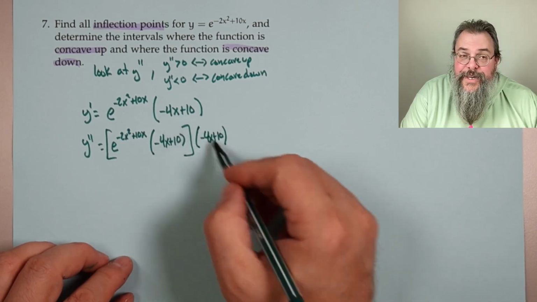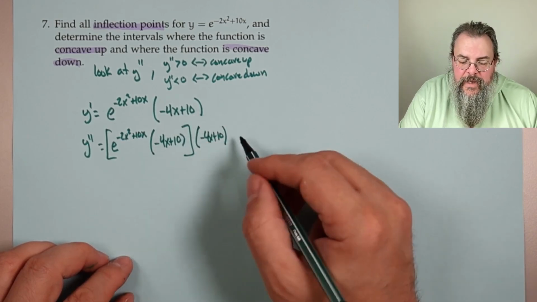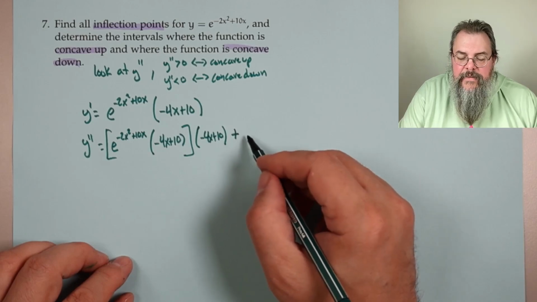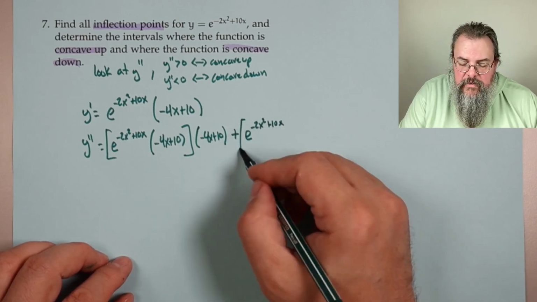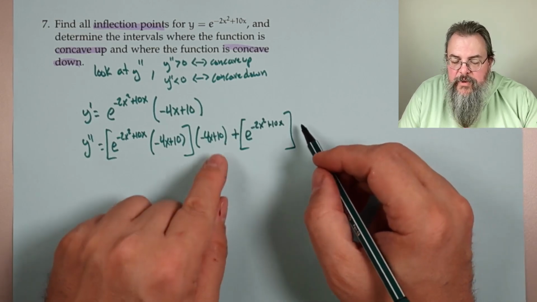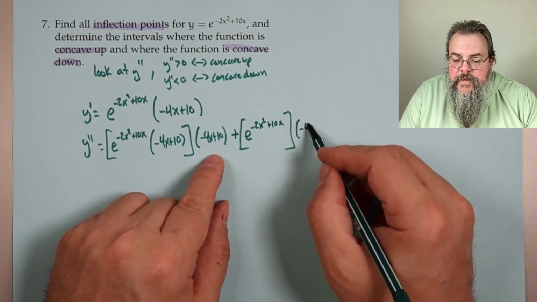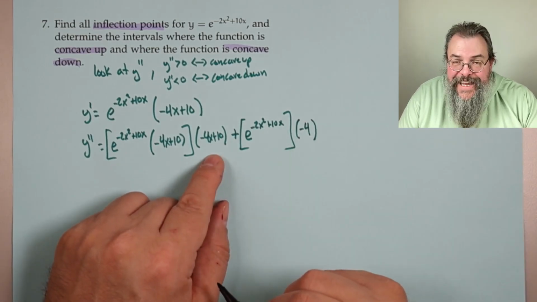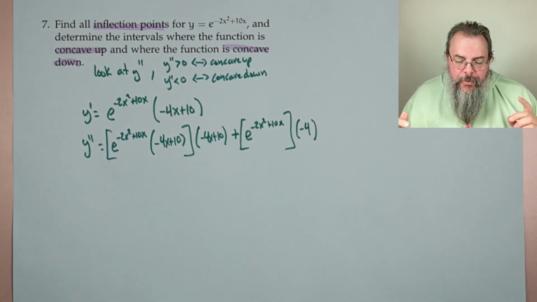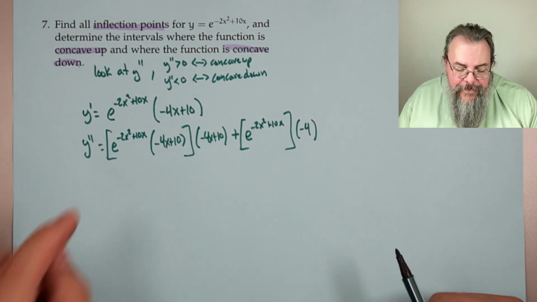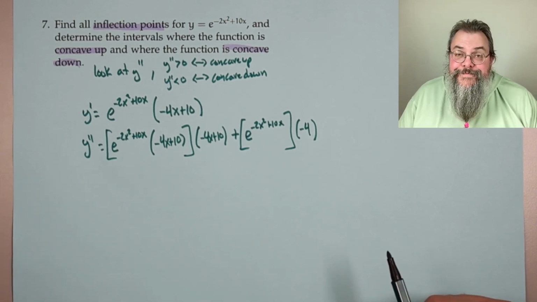All right, a little bit of deja vu, so be careful. And then add the first, e to the negative 2x squared plus 10x, I'll just put that in brackets, times the derivative of the second, which is negative 4. Okay. Whew. Good. So we've now successfully found y double prime.